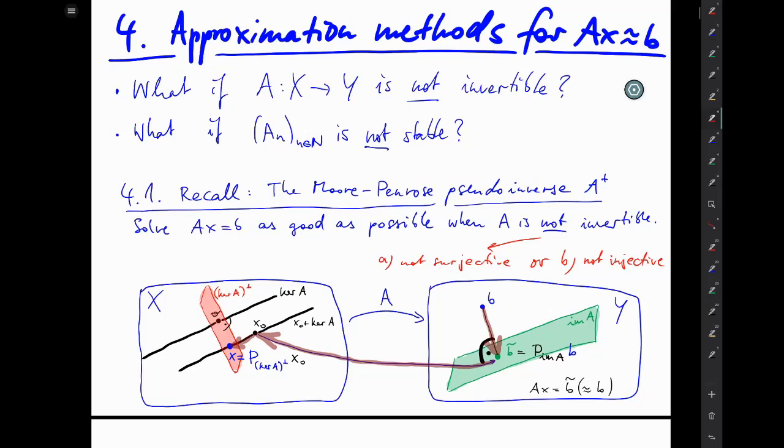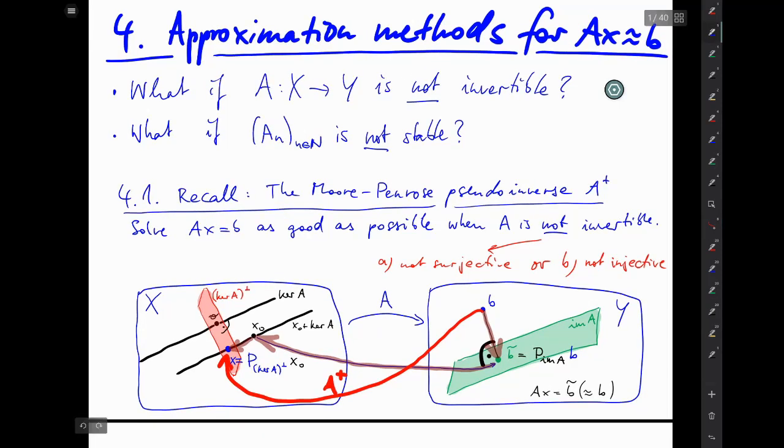And if you take all of these 3 steps one after the other, you get the map that we denote by A plus, which is taking your right hand side of the original equation B and returns the solution X in the least squares sense. That is what we mean by AX approximately B.